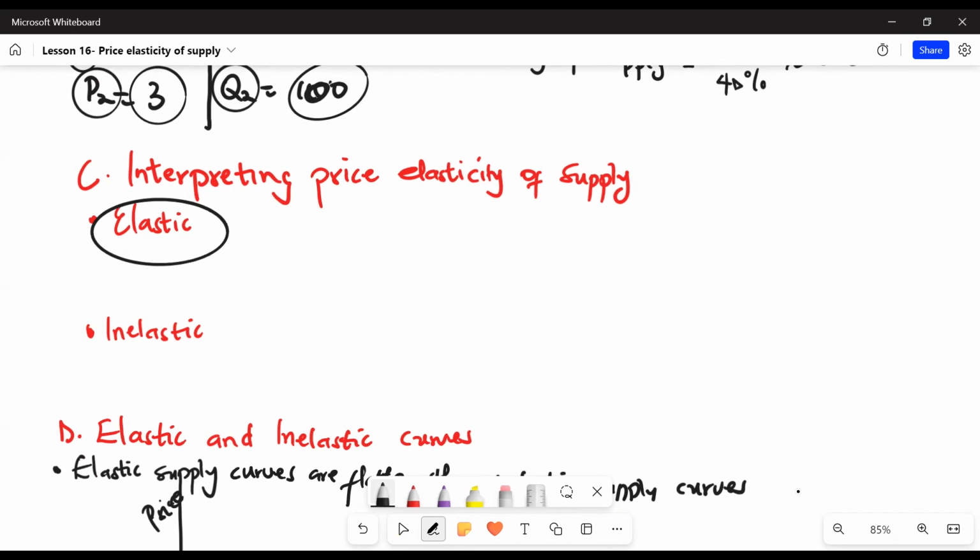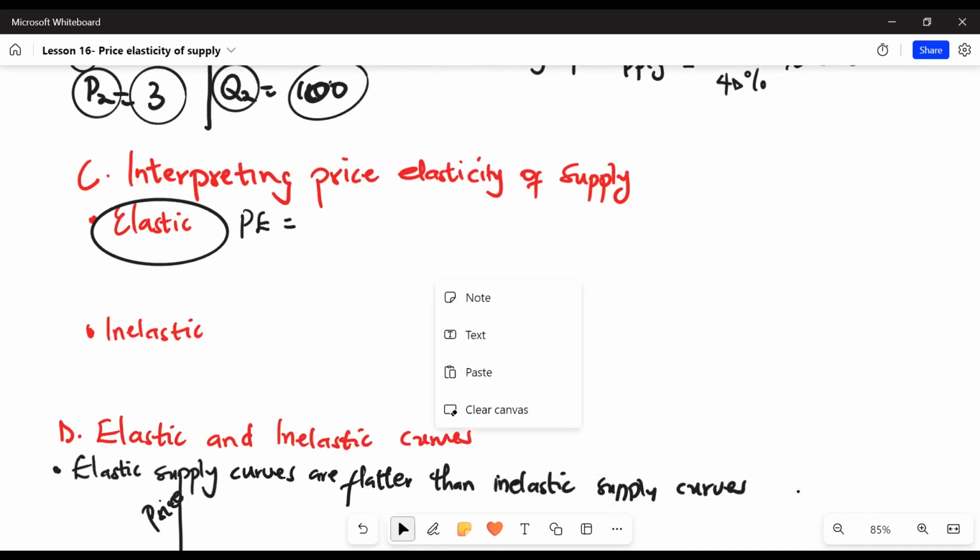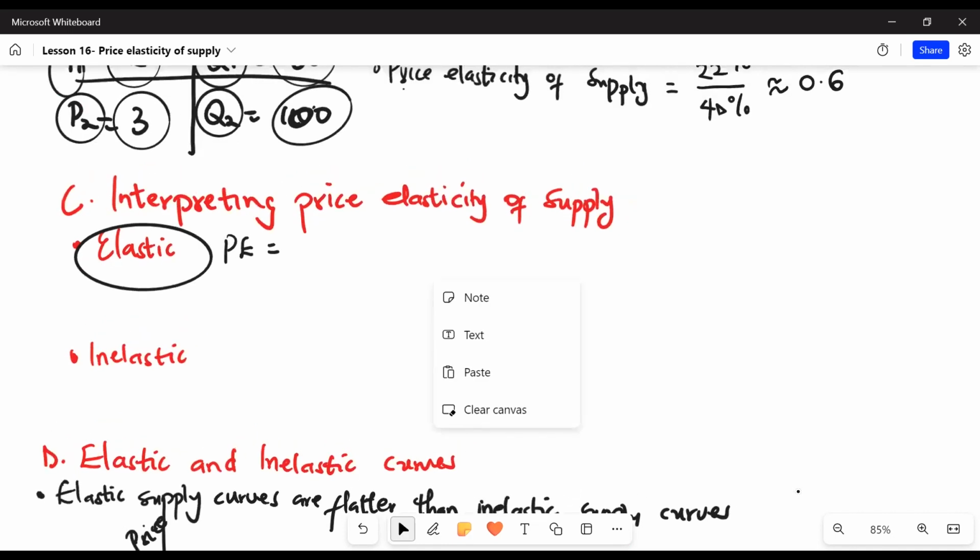So for instance, if you calculate price elasticity of supply for an elastic supply, you're going to have something like maybe 60% divided by 40%, which will give you a price elasticity of supply of 1.5.